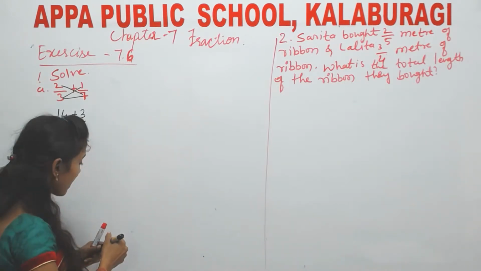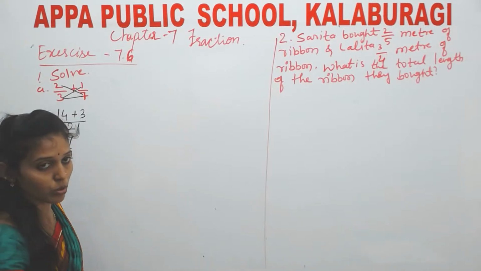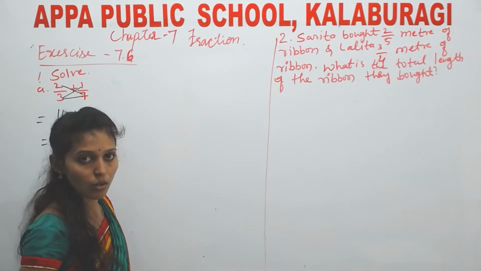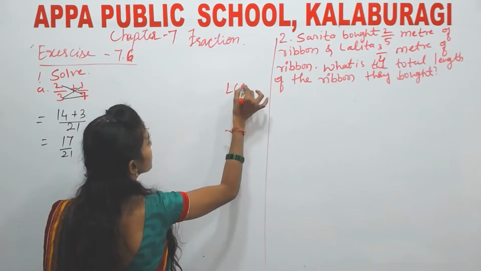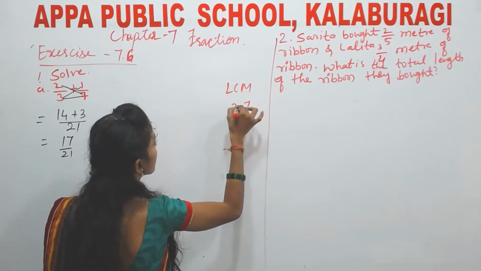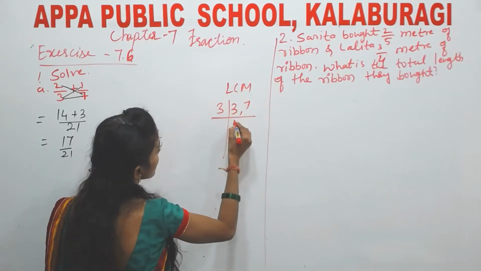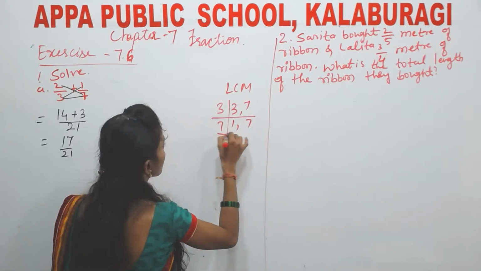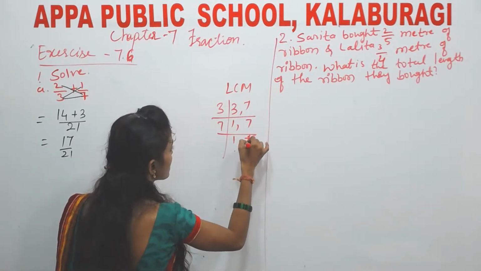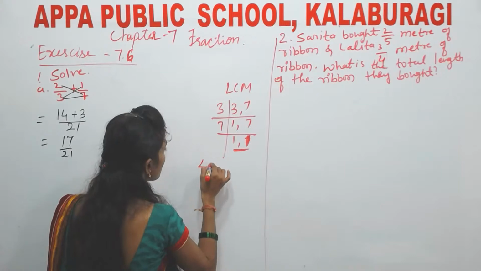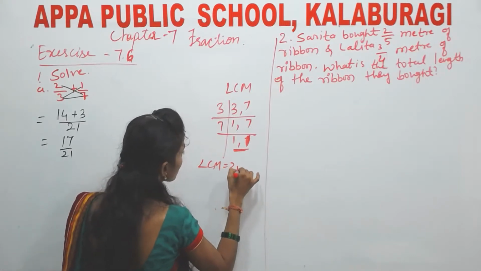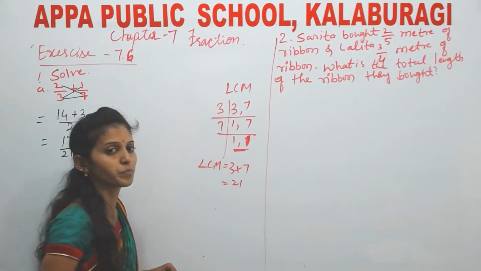The same problem I'll explain using the LCM method also. LCM of 3 and 7: 3 ones are 3, 7 ones are 7. So LCM is 3 into 7, that is 21.